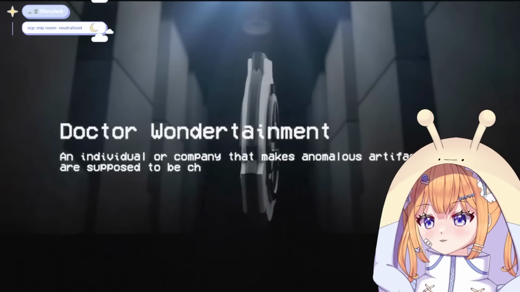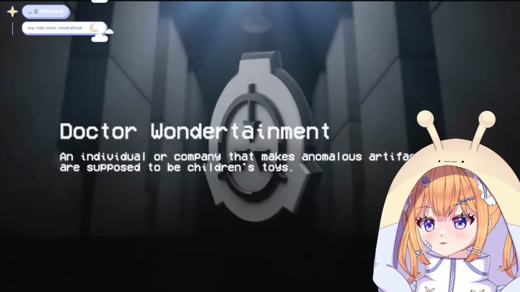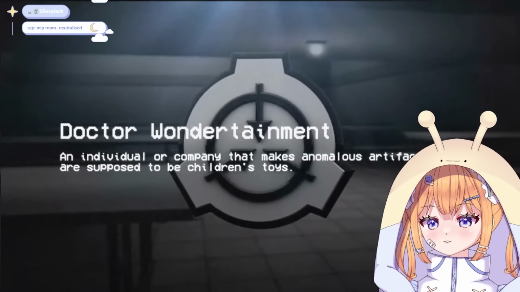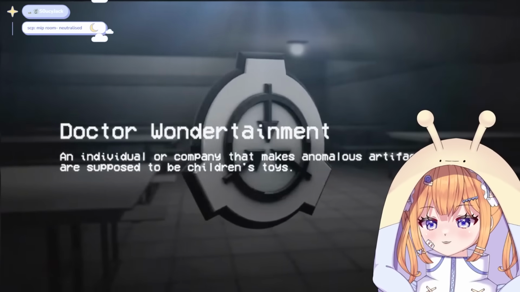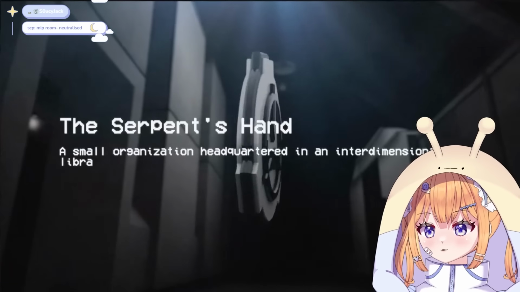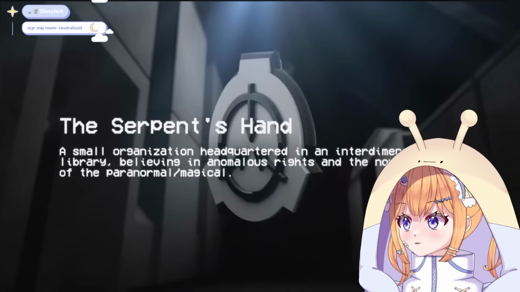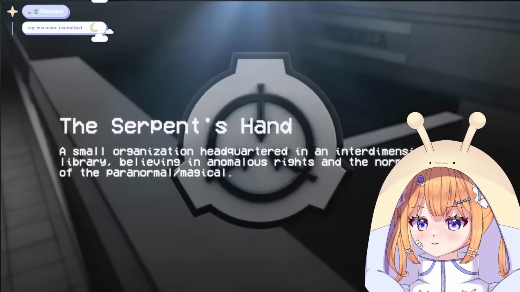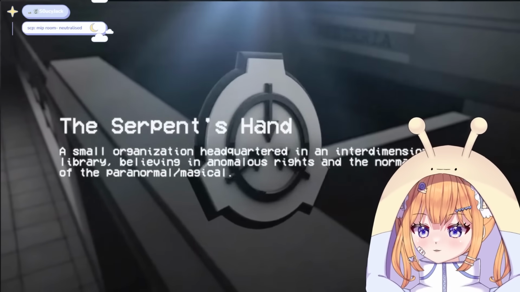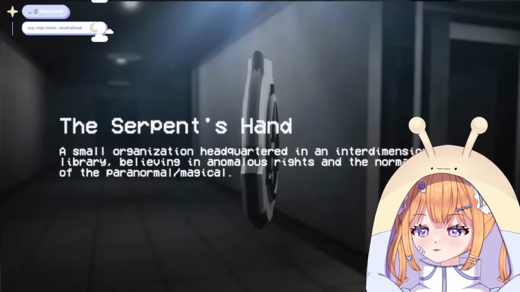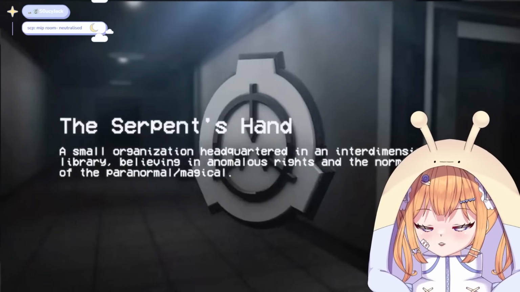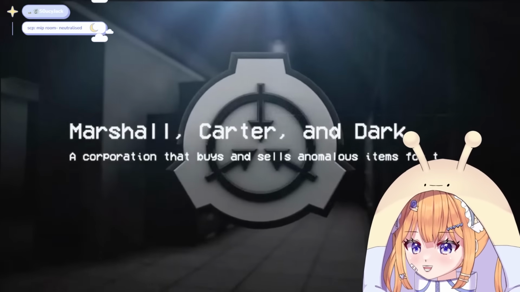Dr. Wondertainment. An individual or company that makes anomalous artifacts that are supposed to be children's toys. The Serpent's Hand. A small organization headquartered in an interdimensional library, believing in anomalous rites and the normalization of the paranormal and magical. Oh, that's so silly. Marshall, Carter, and Dark.